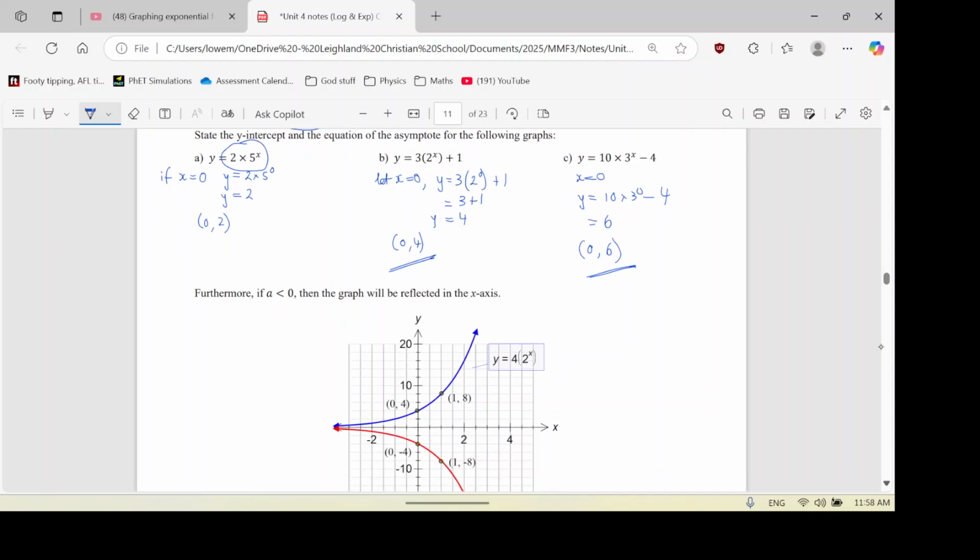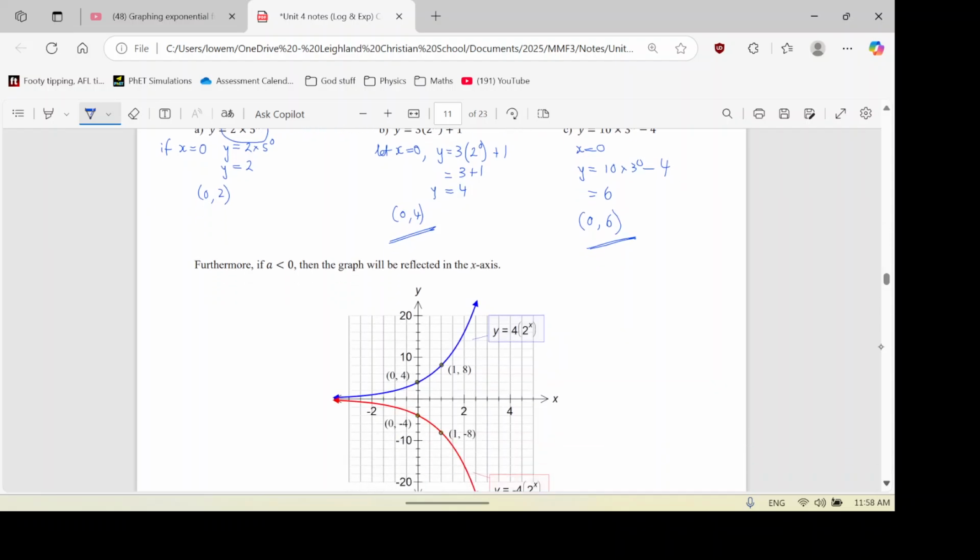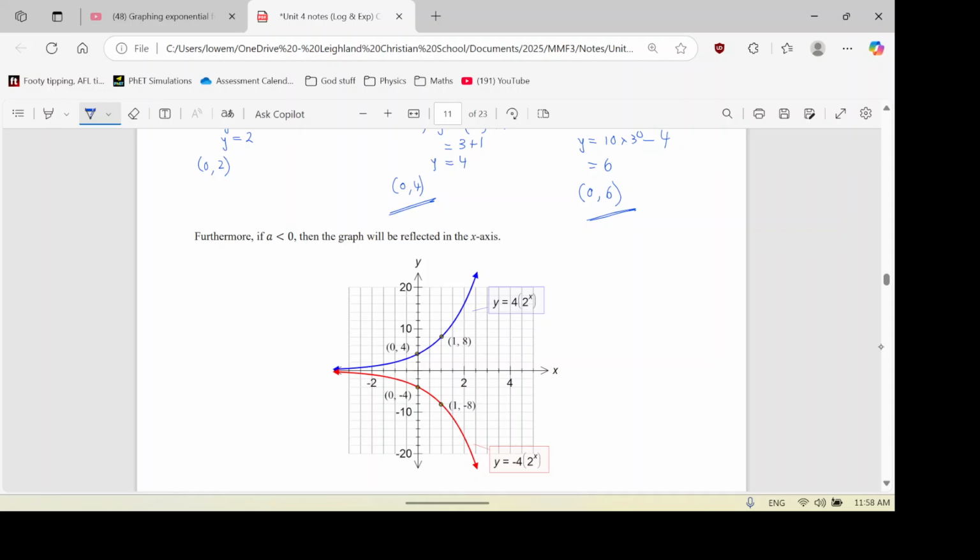We saw that the value a out the front is our dilation factor. Of course, if a is negative, a is less than 0, then the graph will be reflected in the x-axis. So here we've got two functions essentially the same, but one is positive 4 out the front, this one is minus 4 out the front.